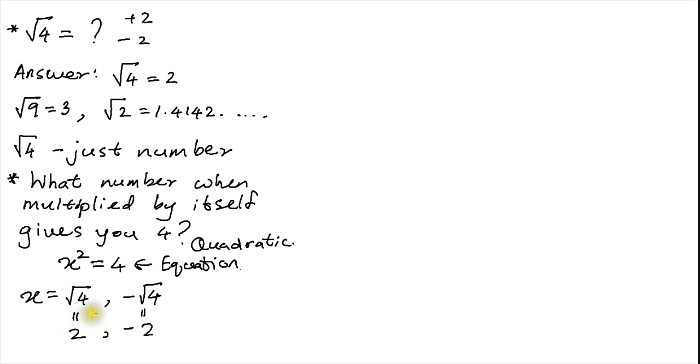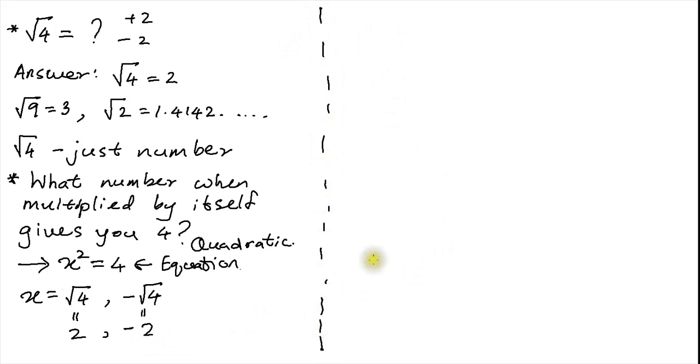That is your answer. So when people started to discuss this type of equation, they always came up with two answers, one positive and one negative, which itself is where the confusion starts, right?